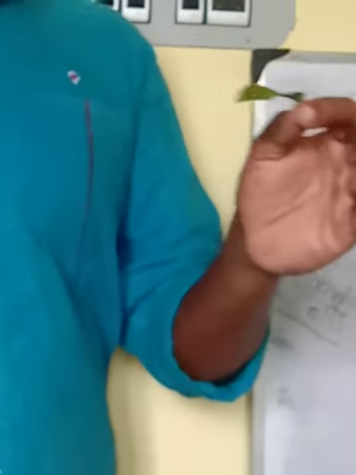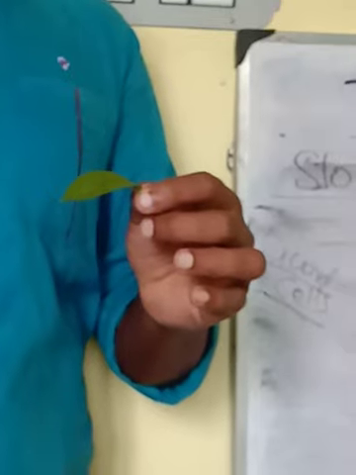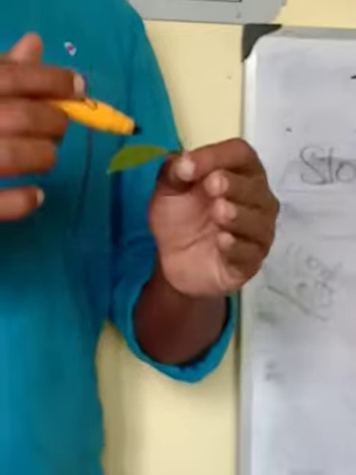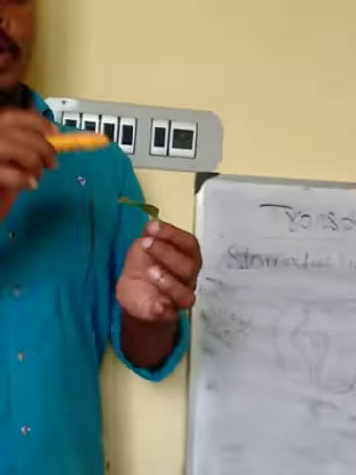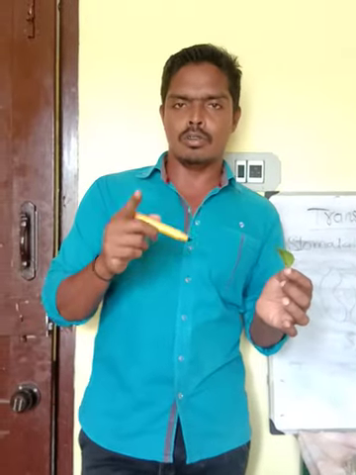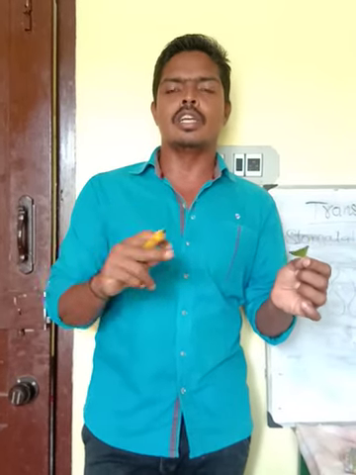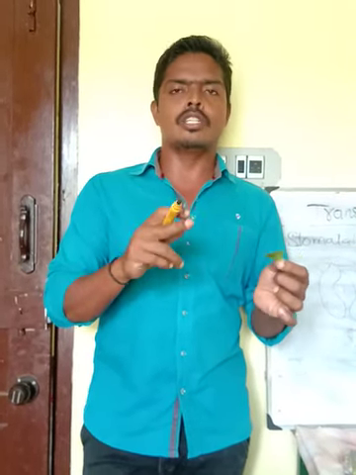When the stomata are always open, there is a chance of losing more water than the plant needs, and if more water is lost, the plant won't get enough nutrients. To avoid that, many stomata are present under the leaf. The question is, why are stomata present under the leaf? Your answer should be: because when stomata are exposed directly to sunlight, it will affect plant growth or the transpiration rate. To avoid that, stomata are present under the leaf.